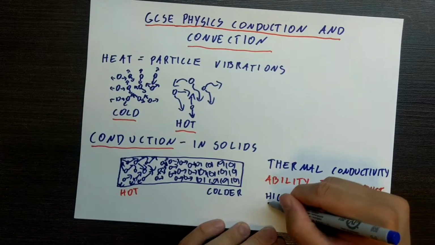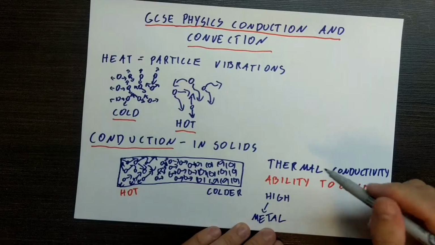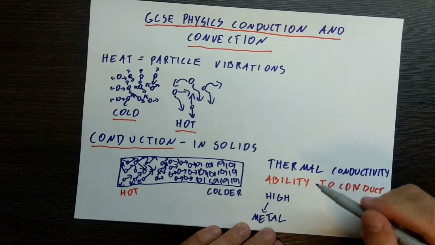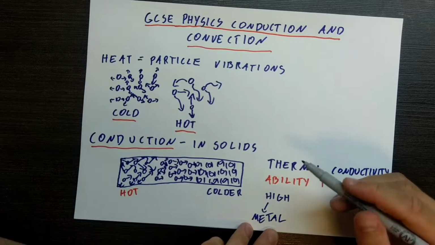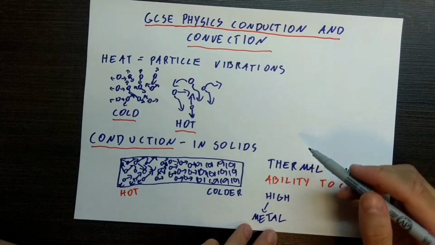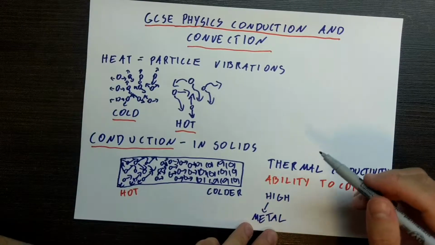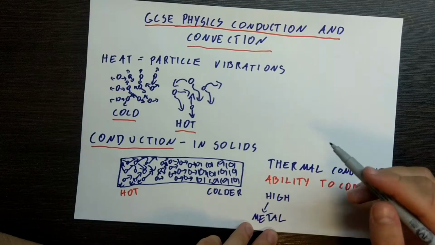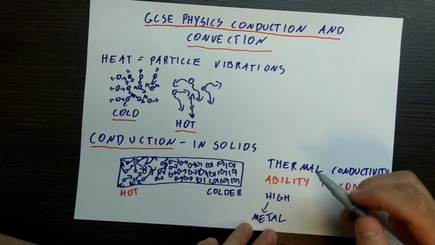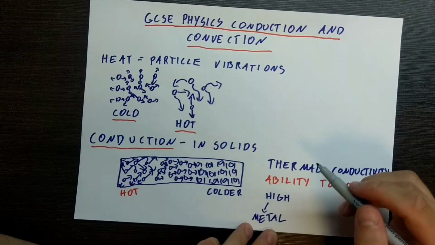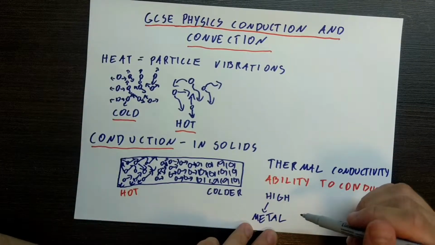Some objects, such as metals, have very good thermal conductivity, which is actually why, if you touch a metal for the first time, it feels quite cold to touch, because it conducts heat away from you. It takes that heat from your hand or finger and conducts it away. Which is why metals can often feel a bit cold in the beginning, until you heat up the entire object.